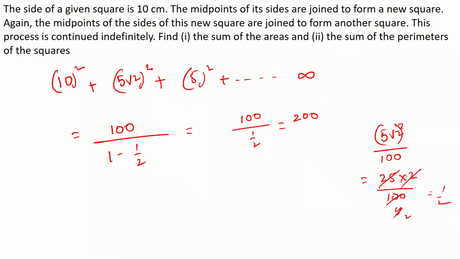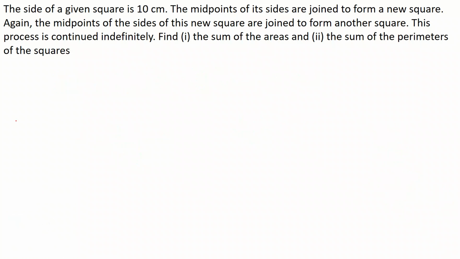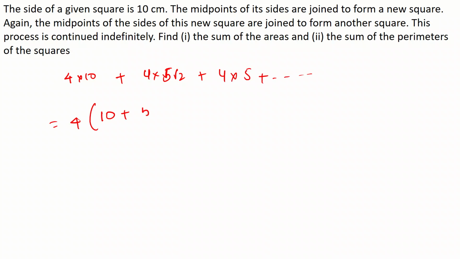Okay, and now it asks you to find the sum of the perimeters. Again, our first perimeter is 4 times the side, which is 4 times 10. The next perimeter will be 4 times 5 root 2, and the next perimeter is 4 times 5, and this goes to infinity. Now I can take 4 common. I get 10 plus 5 root 2 plus 5 up till infinity, and this again is a GP.